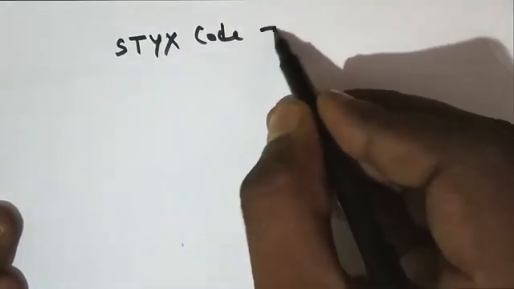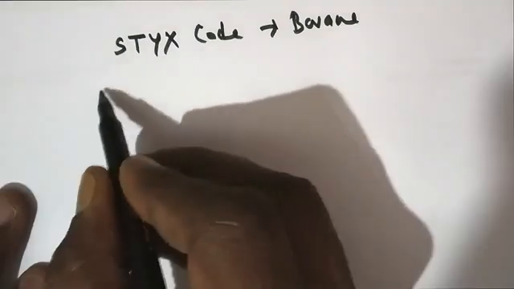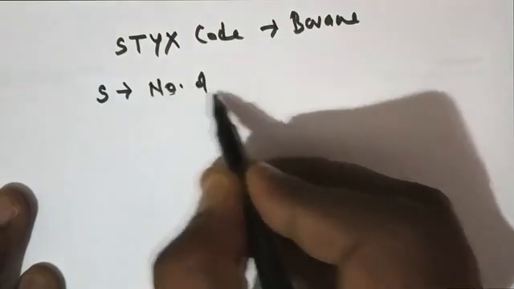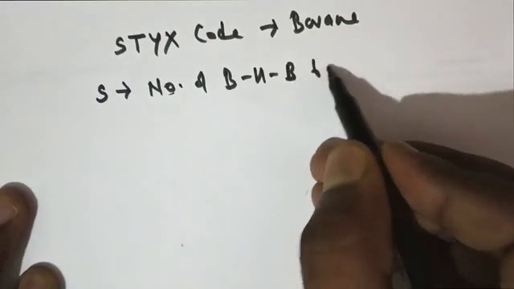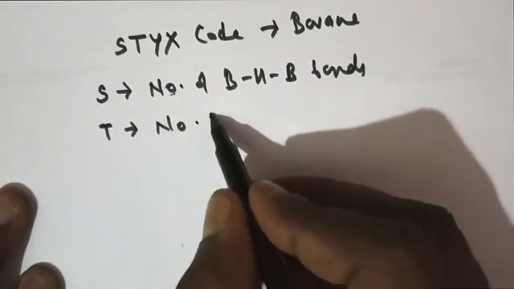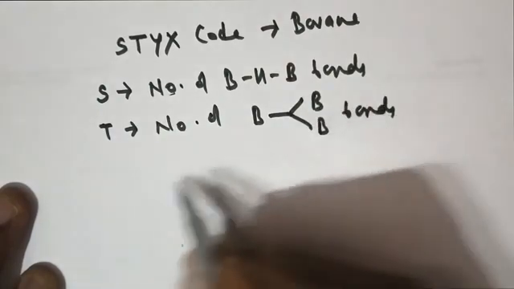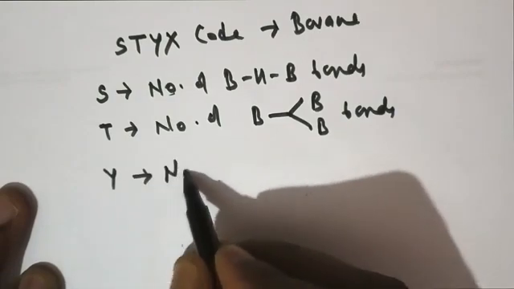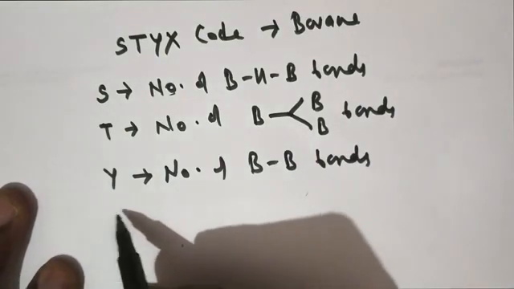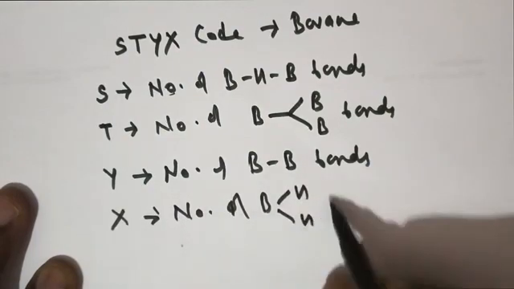This code works only for borane molecules. STYX represents the specific bonds: S represents the number of BHB bonds, T represents the number of BBB bonds, Y represents the number of BB bonds, and X represents the number of BH2 bonds.